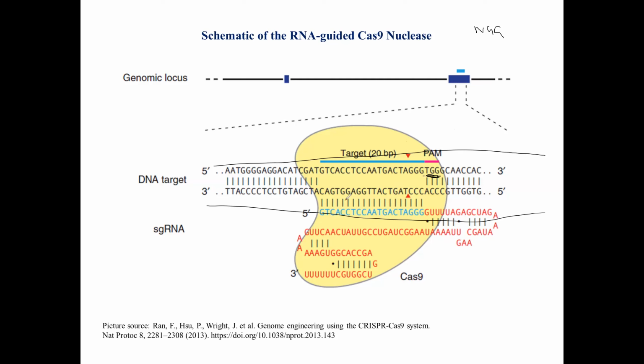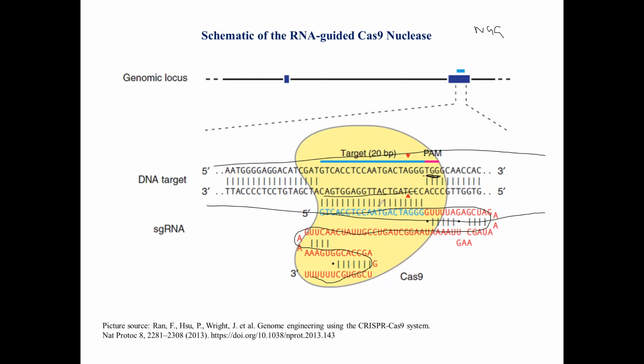Now what will happen is your guide RNA, which is bound to the Cas9 protein. This entire thing is the guide RNA, the blue and the red one. In this picture, the blue sequence is the spacer sequence of your guide RNA. So this is actually annealing. Once this is denatured to one strand, generally the strand opposite to the PAM sequence, the target complement region of the guide RNA will anneal with this sequence.